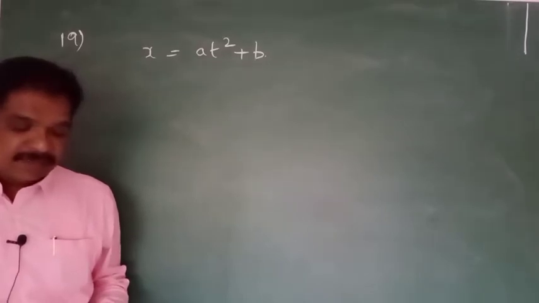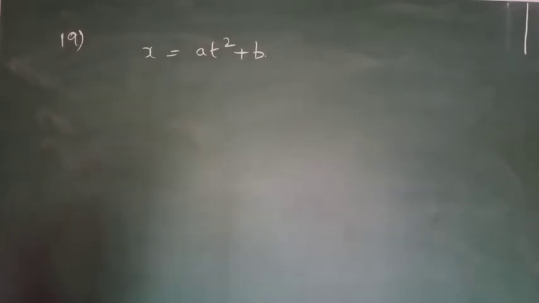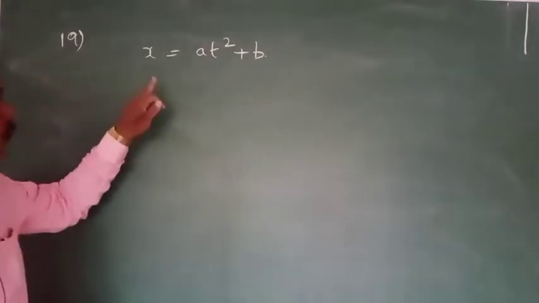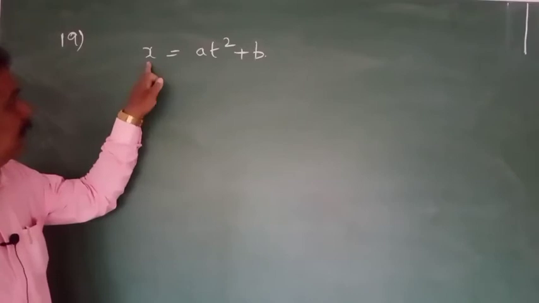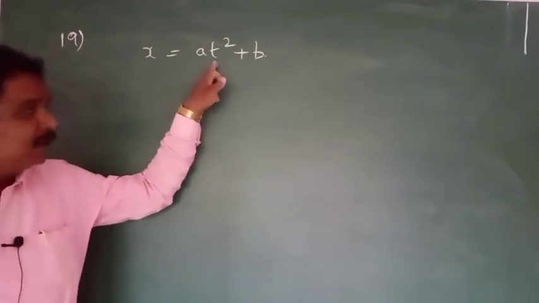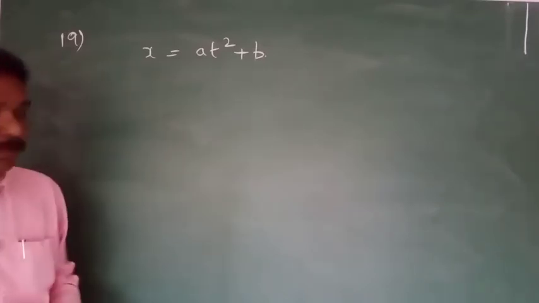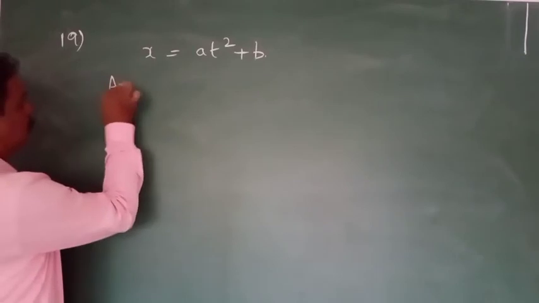What are the dimensions of root AB? They are asking. So according to the principle of homogeneity, what will happen? X has the same dimensions as at square, and the same dimensions as b.